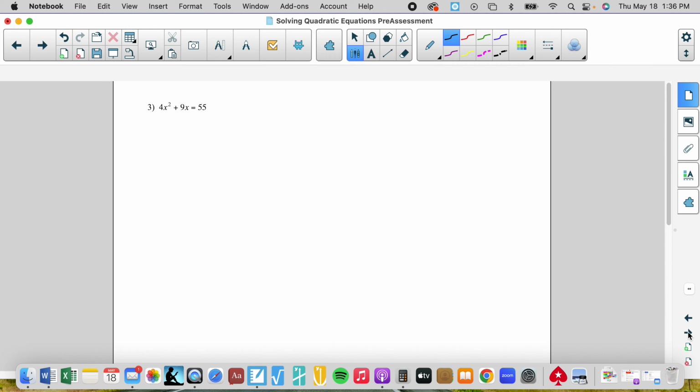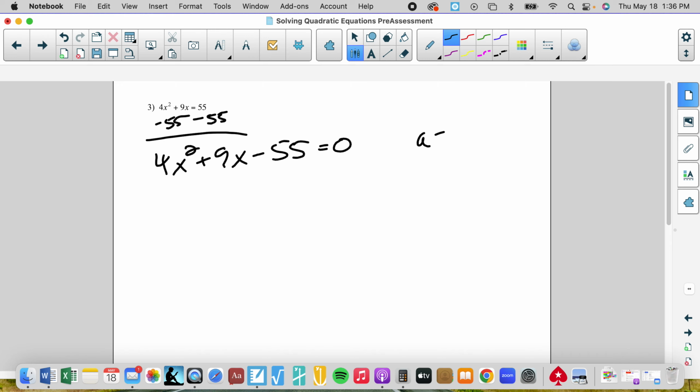The third one is not equal to 0, so we're going to subtract 55. 4x squared plus 9x minus 55 equals 0. Oof. My c value is quite large. A, b, and c.